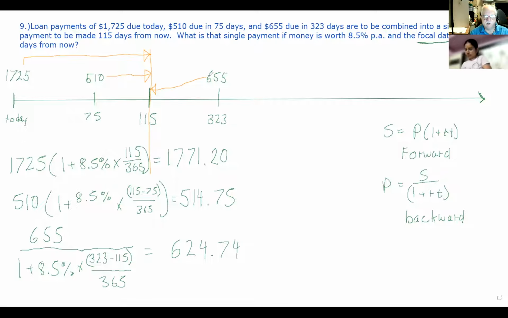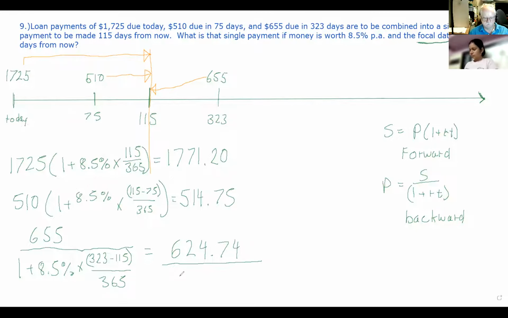Because they're paying this early, they get to pay a little bit less interest on it. And these other two, they're paying them late, so they had to pay extra interest on them. But if they're going to pay one amount, now we have to see what that one amount would be. 1771.20 plus 514.75 plus 624.74.